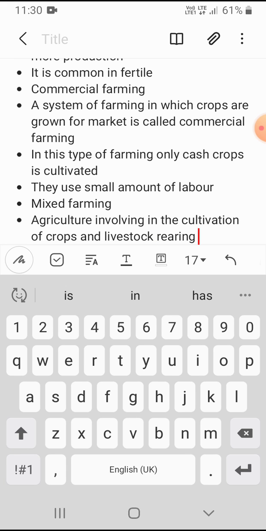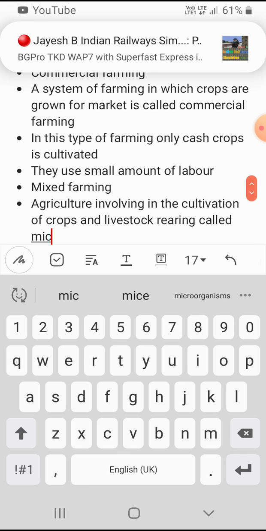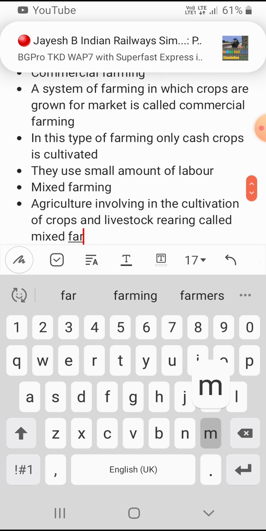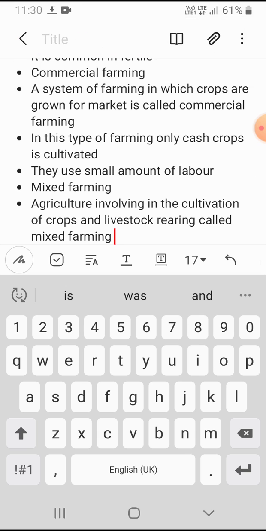They cultivate crops, and they also have animal husbandry, as you learnt in your lower classes.